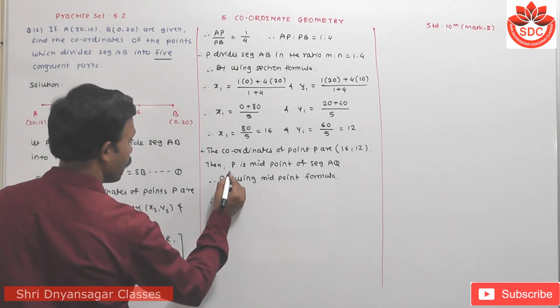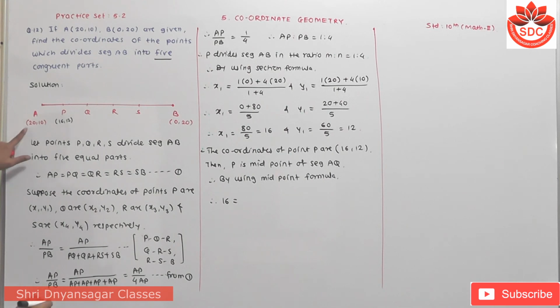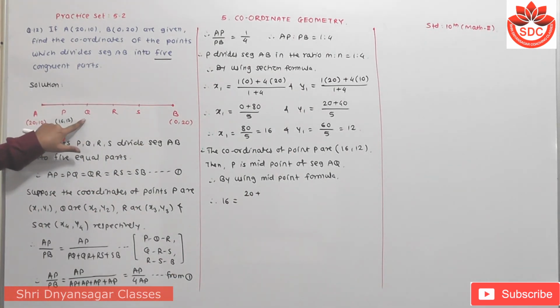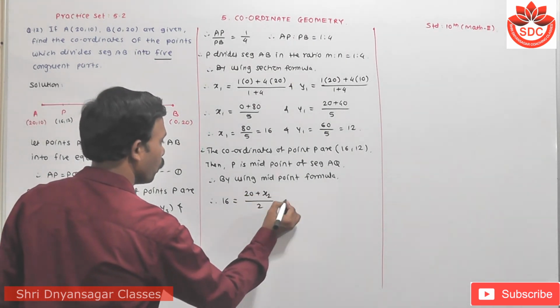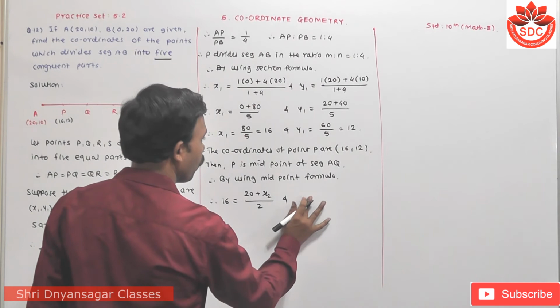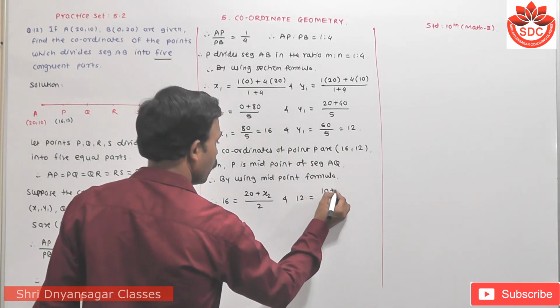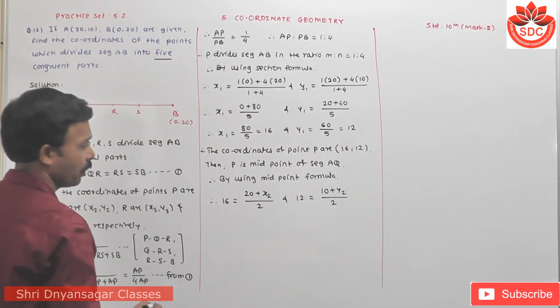We get here x as the P coordinate, meaning 16 is equal to 20 plus x2 upon 2, where Q has coordinate x2, and y coordinate 12 is equal to 10 plus y2 upon 2.